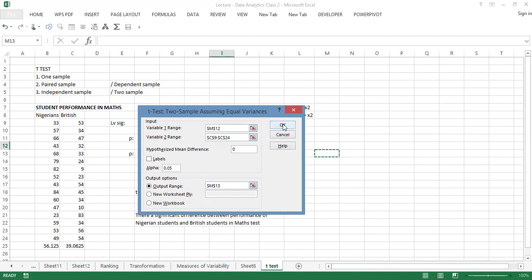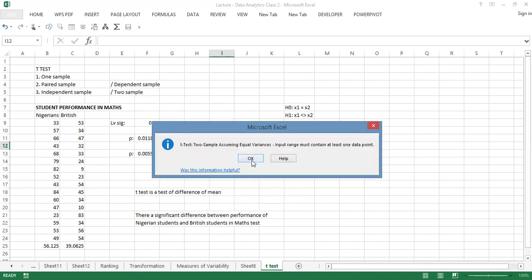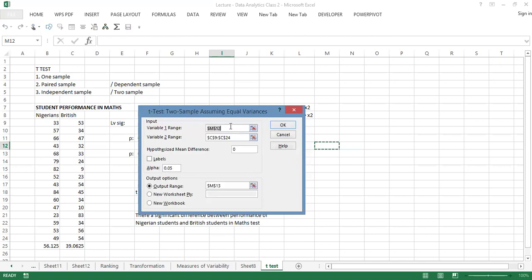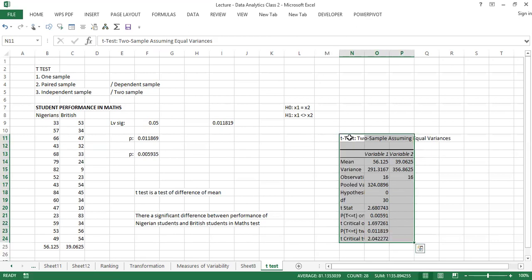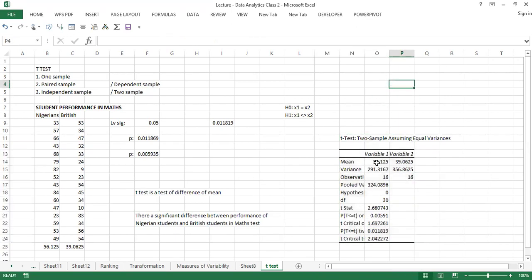And then I click OK. Input range must contain at least one data point. What happened to that one? Okay. So it gives us the results right away. That's the result.